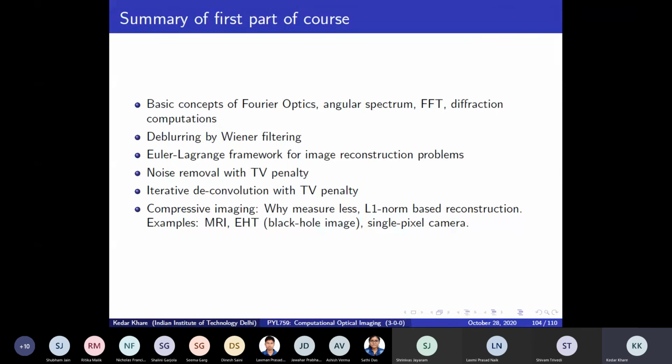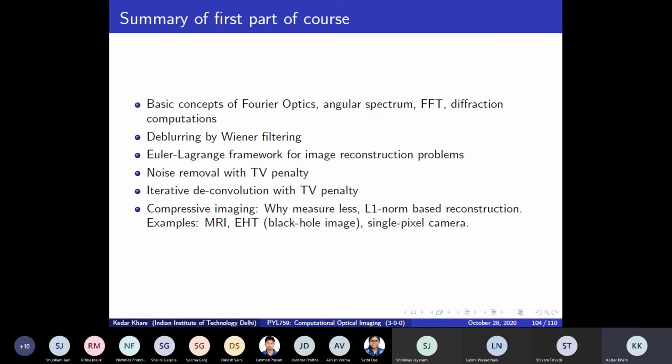So this concludes the first part of this course, which is the mathematical methods, the basic framework. I discussed initially the basic concepts of Fourier optics, angular spectrum, FFT, diffraction computations, etc. I discussed Wiener filtering.